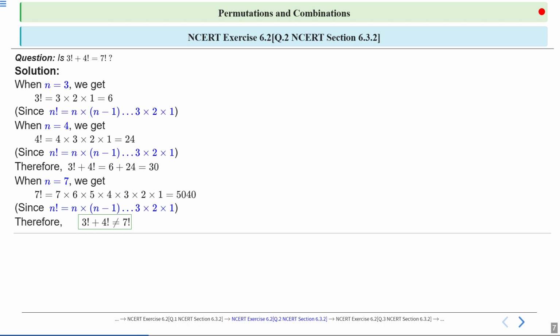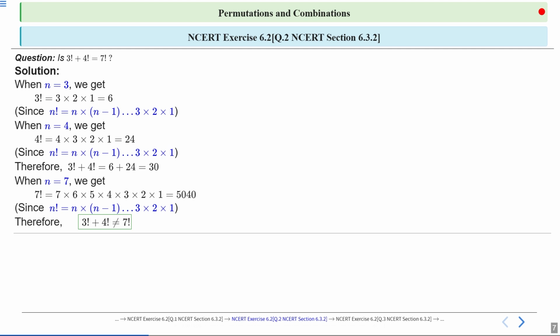Finally, we can see that the value of 3 factorial plus 4 factorial is 30, which is not equal to 7 factorial, which is 5040. Therefore, 3 factorial plus 4 factorial does not equal 7 factorial. Clear? So I think it is clear to all of you.